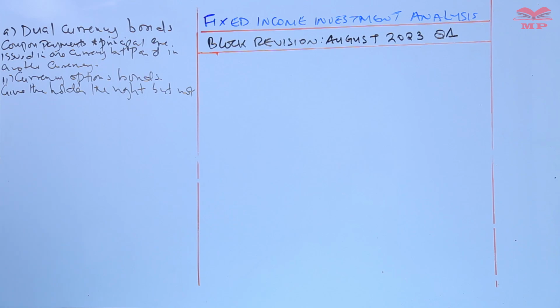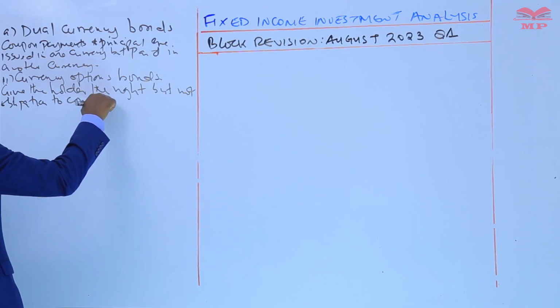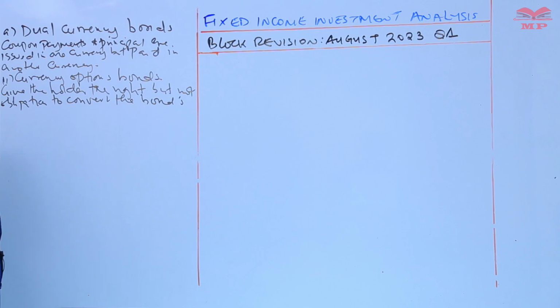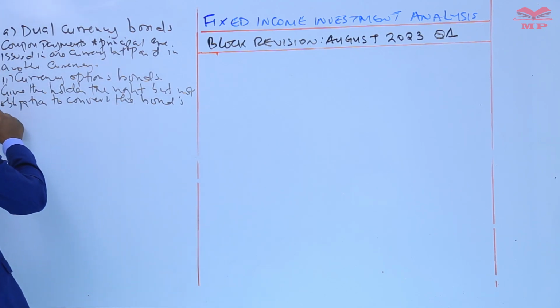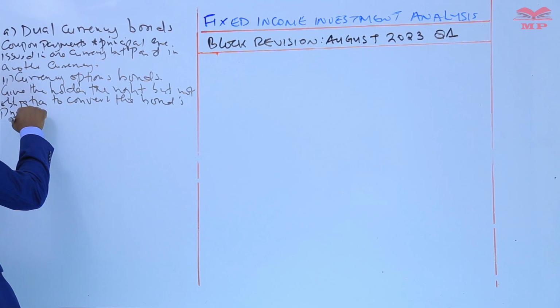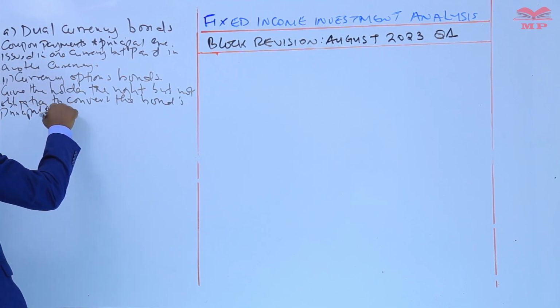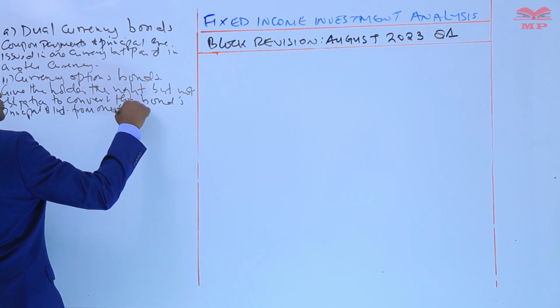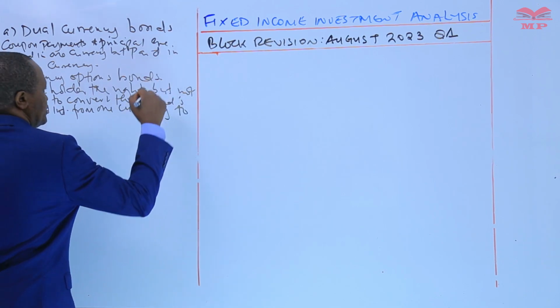To convert the bond's principal and interest payment from one currency to another.